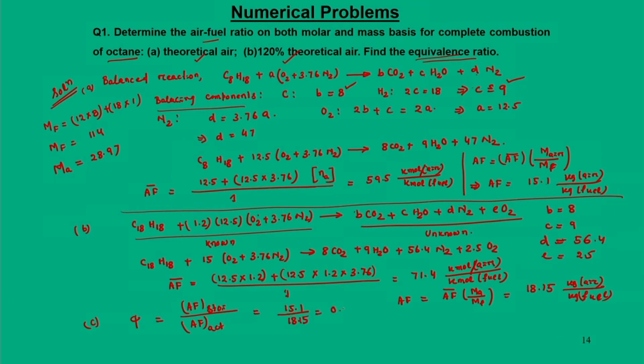So, this is about 0.833. Other way to find out is phi is also equal to F bar stoichiometric by AF bar actual. This number will also lead to 0.833, which means phi is less than 1.